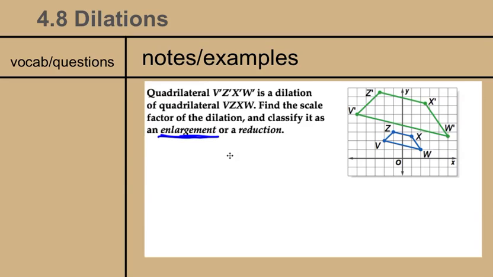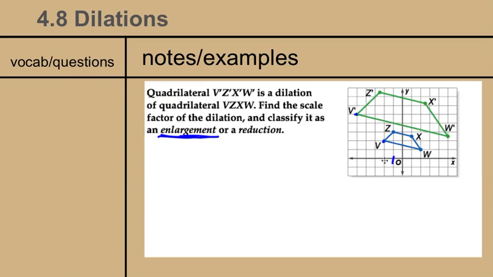So in order to find the scale factor, what we're going to do is compare some of the coordinates to the others. We're going to write ratios of the x-coordinates from the original to the image. So let's look at point V, only because point V is very nice on a dot here.